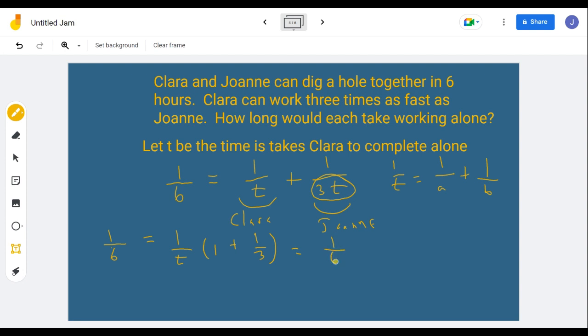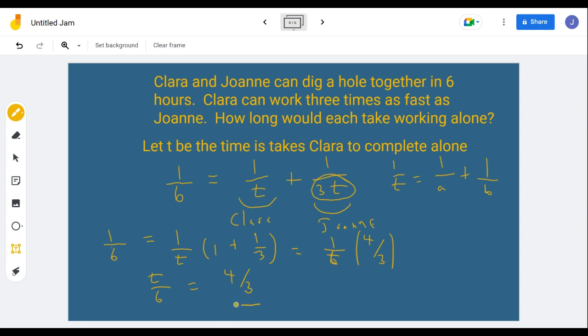Well, 1 plus a third is 4/3. So 1 over 6 is 1 over t times 4/3. And if you like, you can say, all right, I'm going to multiply both sides by t. I'm going to get t over 6 is equal to 4/3.